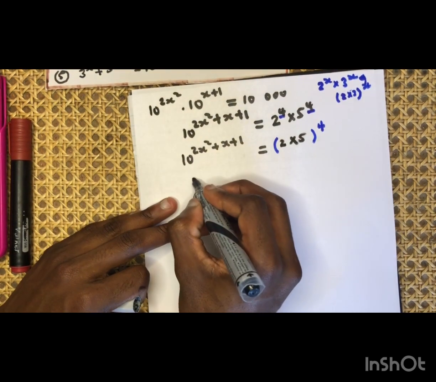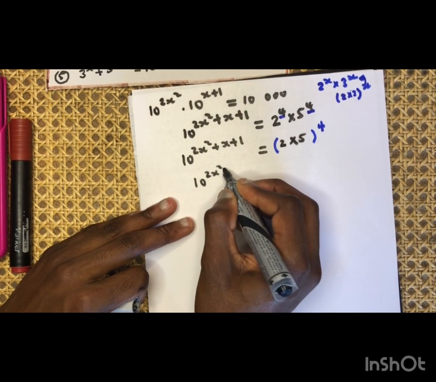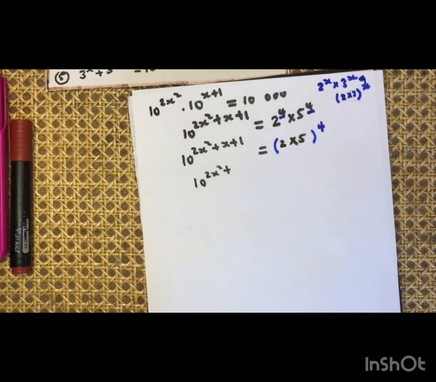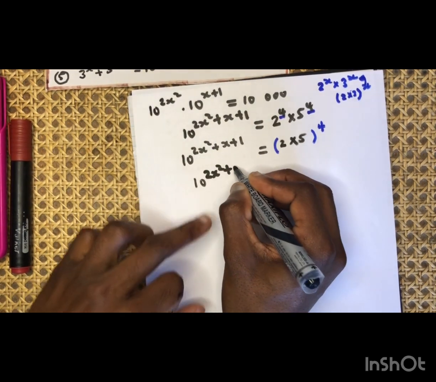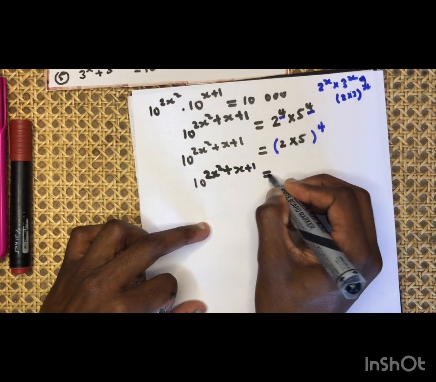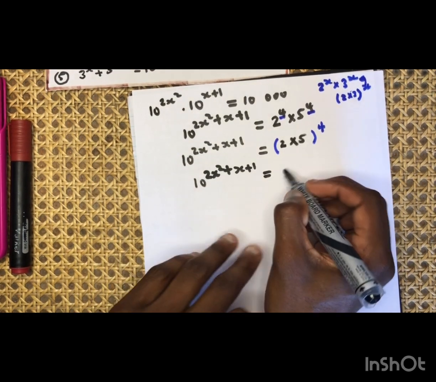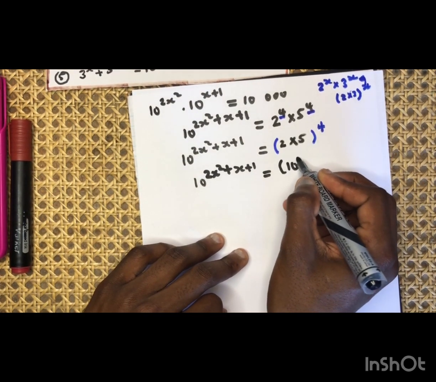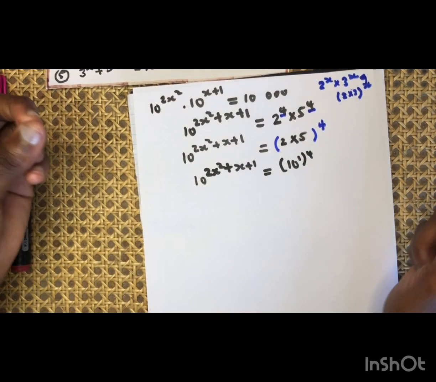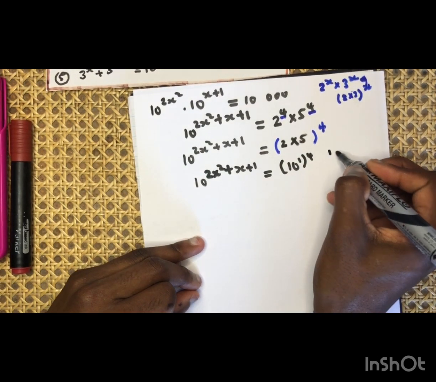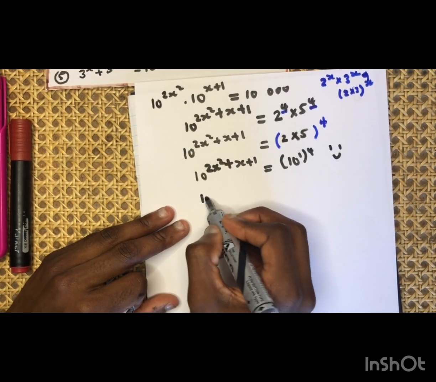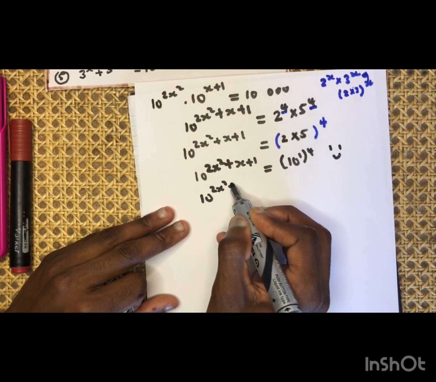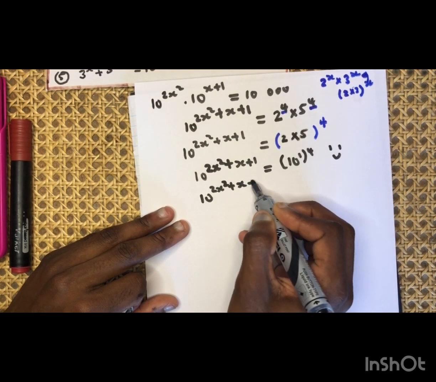So now we drop this 10 to the power 2x squared plus x plus 1 equals to, what do you have now inside? 2 times 5, you get what? 10 to the power 4. Now you are happy. You start smiling because you see now the bases will be the same. You'll drop 10 to the power 2x squared plus x plus 1.